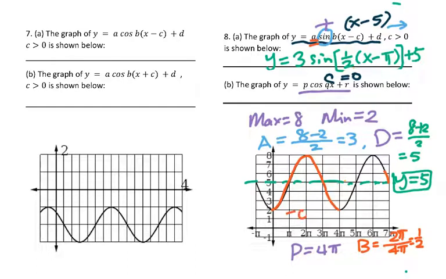This is a negative cosine x pattern. Since C equals 0, I can write down the function now. Y equals negative 3 cosine, 1 over 2x, then plus 5. That's your answer.